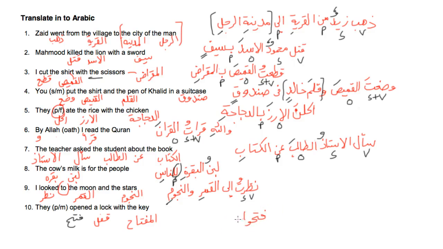Fatahu quflan, so remember a lock, not the, with b al-miftah. Okay, so again, verb, subject, object. B is prep, so miftahi. Fatahu quflan bil miftah. And that's how you do that.